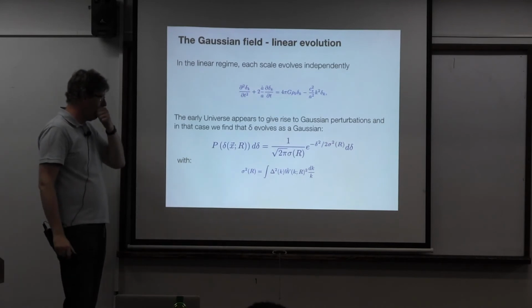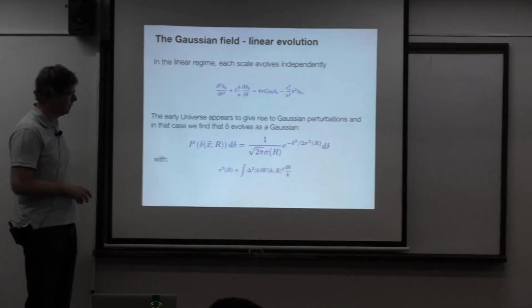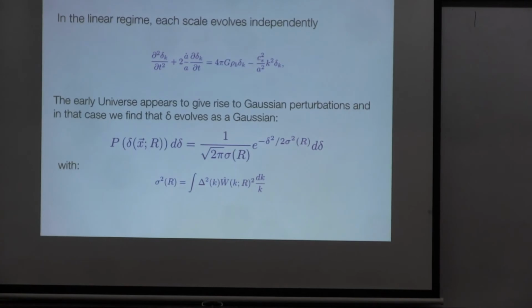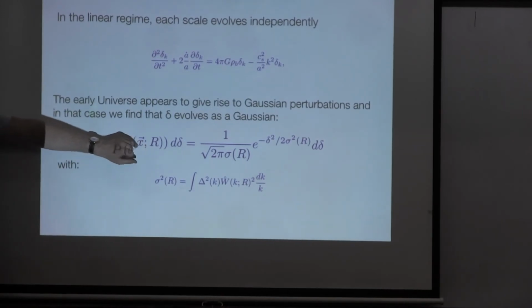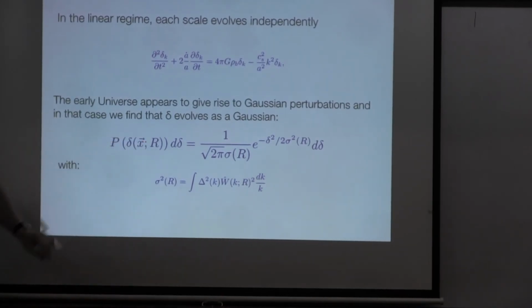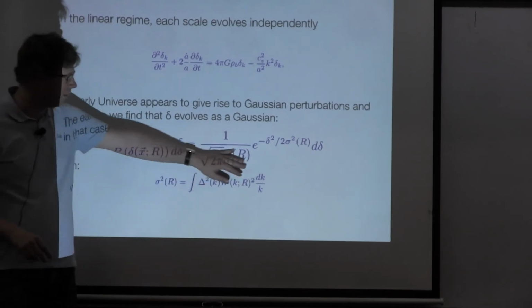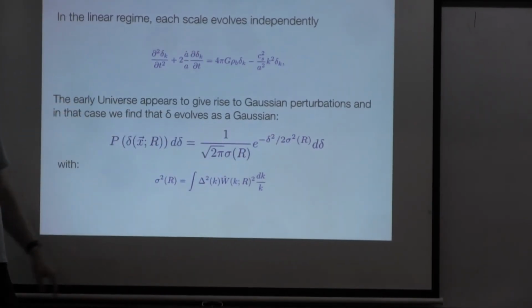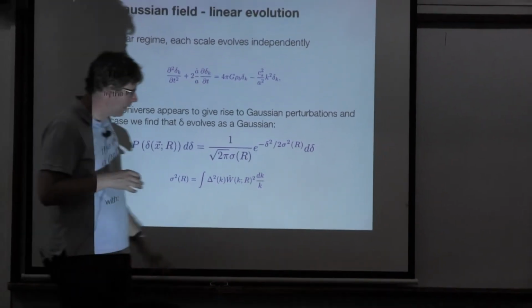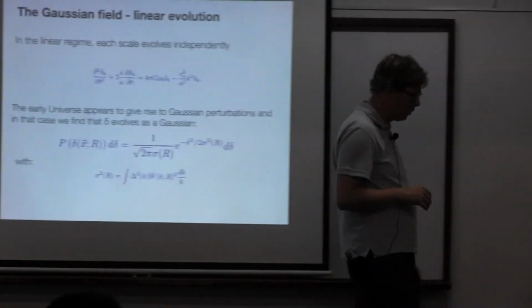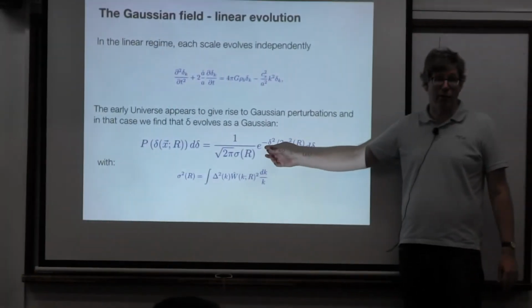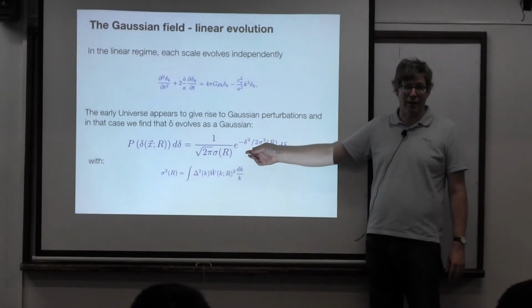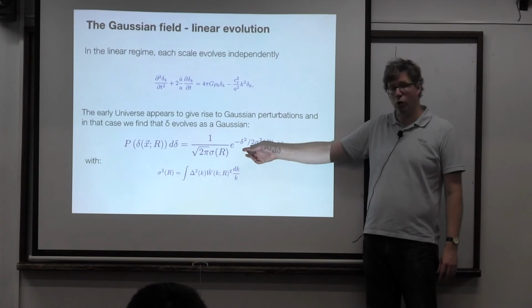And what we think happens from various types of physics is that early on, the probability of a given perturbation was given as a Gaussian function of this form. That means you aren't very likely to find perturbations that are very large. You're most likely to find perturbations that are quite small.